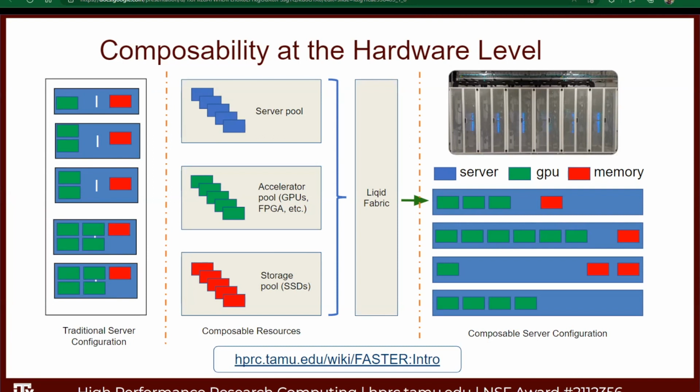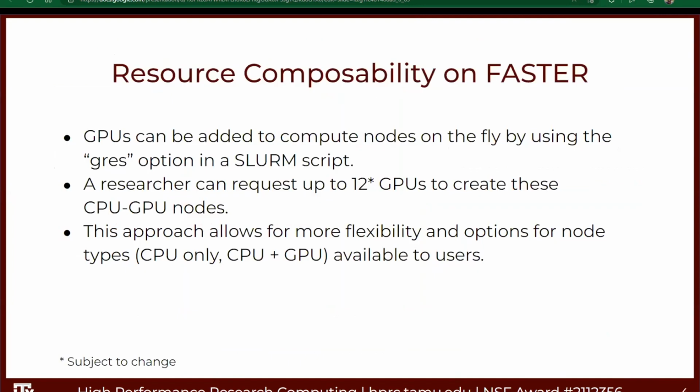And right now, the way you can add GPUs is using the job file. To submit jobs onto this supercomputer, you'll be using Slurm scripts, by adding a GRES option. We will go over this briefly in the subsequent slides again. And there's a session on Slurm.